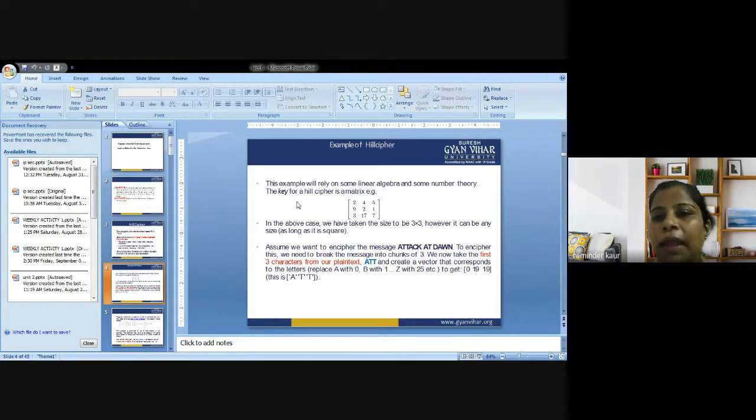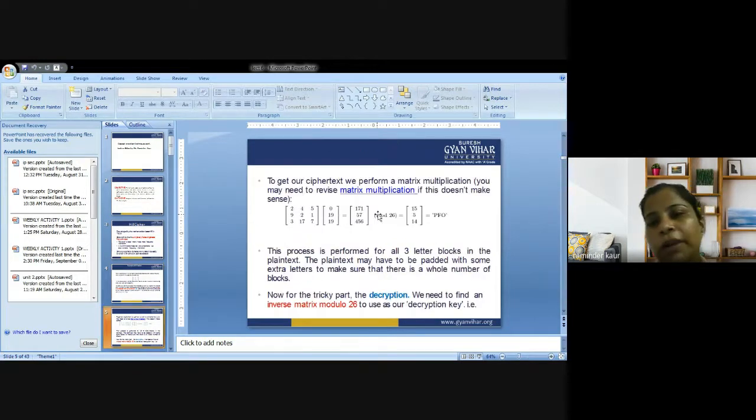A is represented by 0, B by 1, but here we have T, which is represented by 19. Again there is a T, a repetition, so it is also represented by 19. So this is my vector, ATT. Now I am going to calculate the result. How am I going to calculate it? This is defined here.